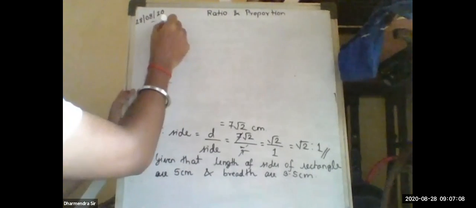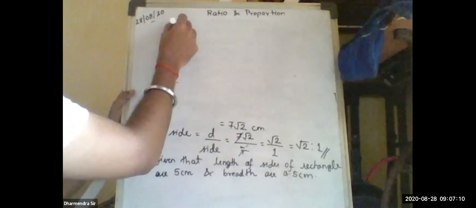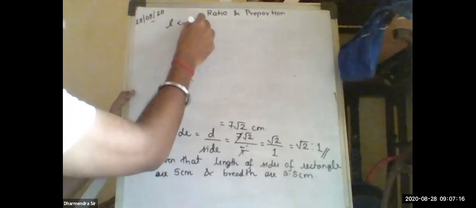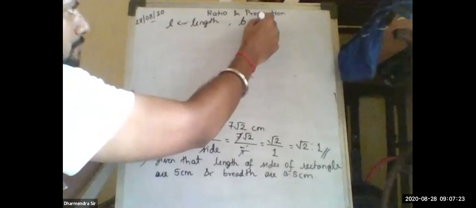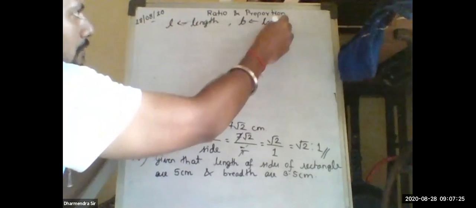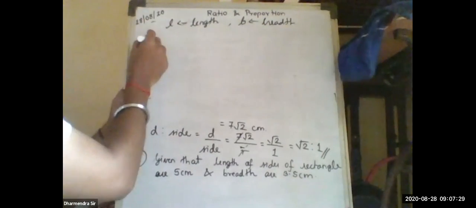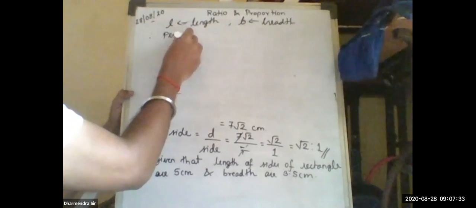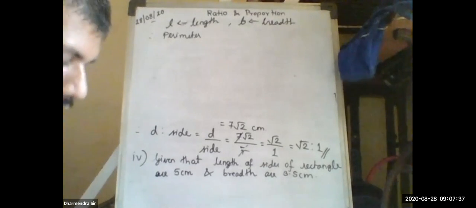So better, L stands for length and small b stands for breadth. So we are asked to find perimeter is to area of a rectangle.